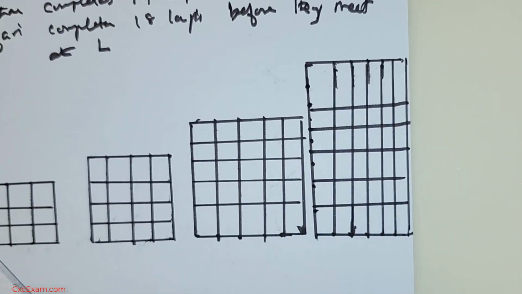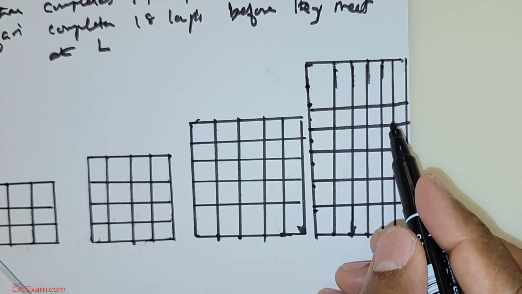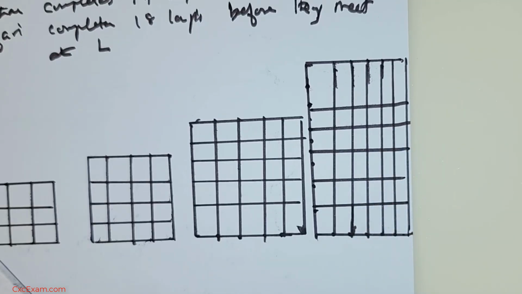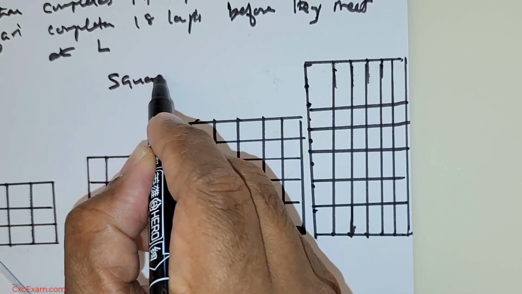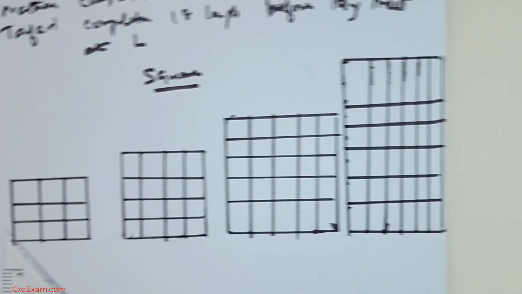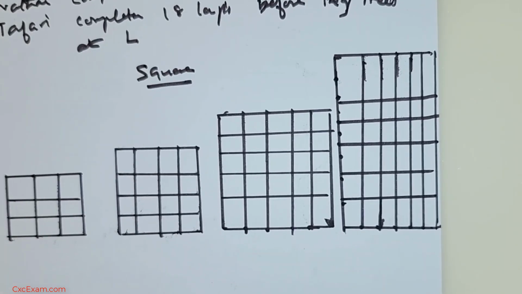Okay, all of them are in this structure. In fact, they are in the shape of a square. Okay, the figure is not to be taken as it is, but by the description that I've just mentioned.